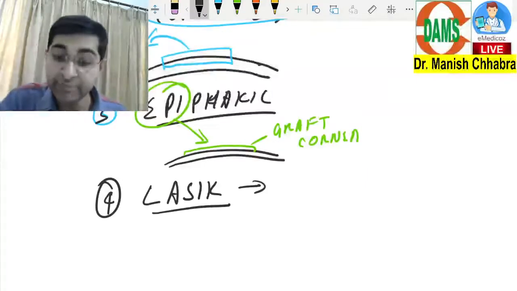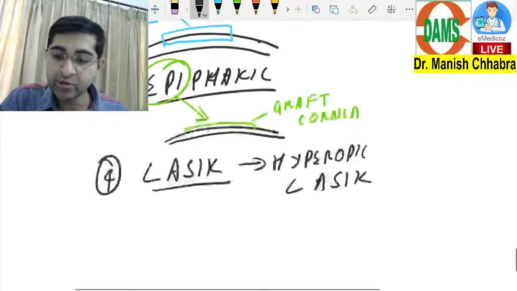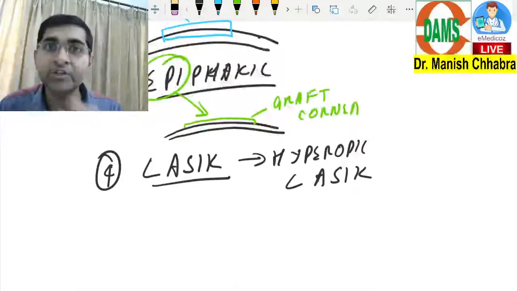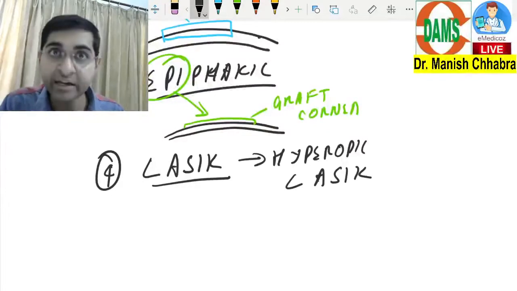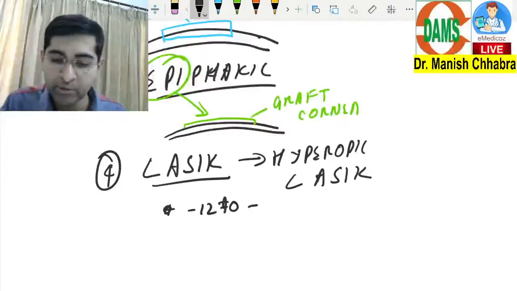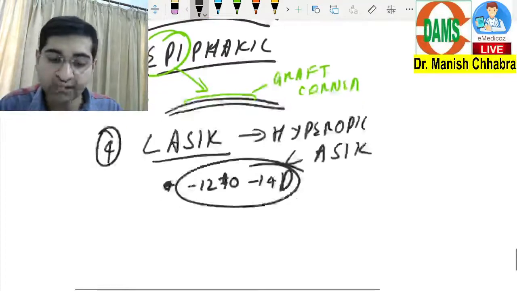Next we have Lasik, hyperopic Lasik. Guys, please remember we have done it in one of the videos on Lasik surgery. In Lasik we can correct myopia up to -12 to -14 diopter. Some books write -10 to -12 diopter.